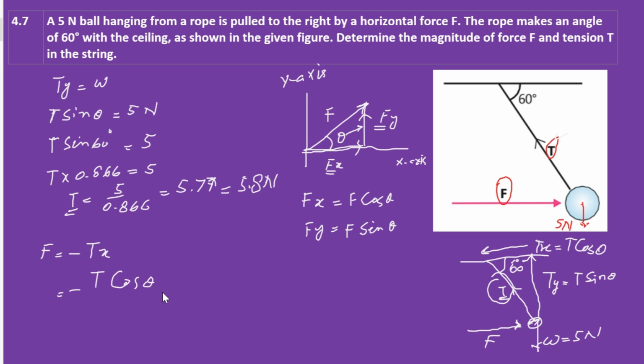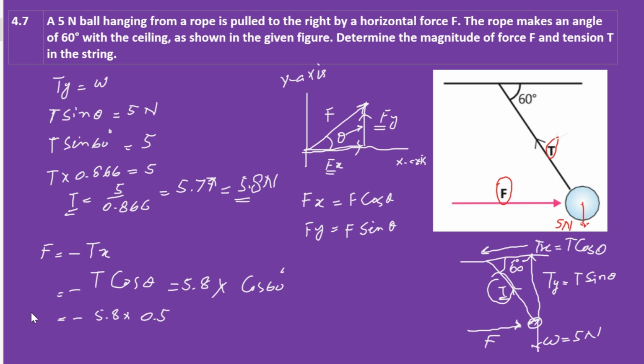Since we have calculated the value of T, which is 5.8, I write here 5.8, and multiply it by cos of the angle, which is 60 degrees, and cos 60 gives us 0.5.